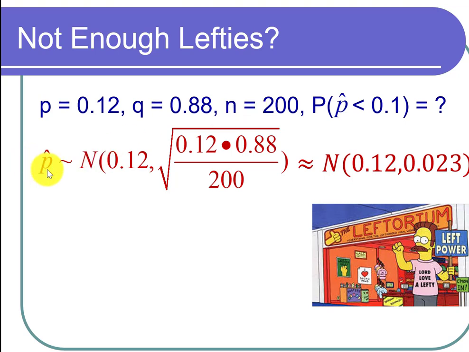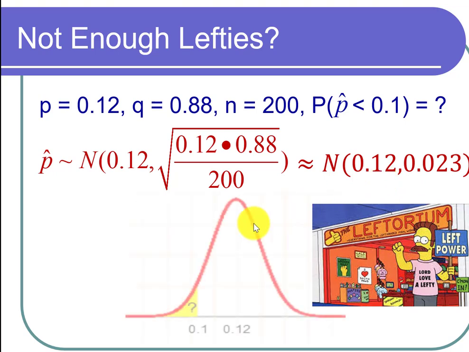And that tells us that P hat is approximately normally distributed with mean P, or mean 0.12, and standard deviation the square root of PQ over N. P was 0.12, Q is 0.88, and N was 200. I popped that in my calculator, and I found that that square root was about equal to 0.023.